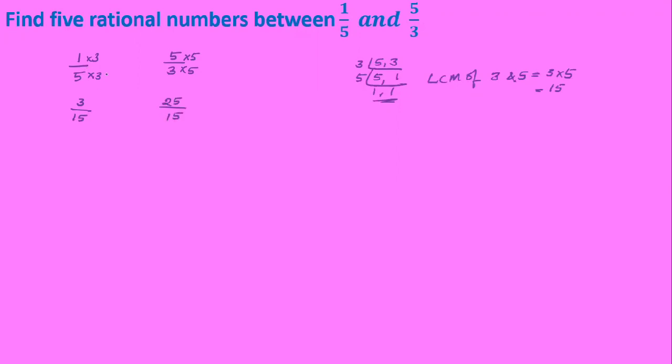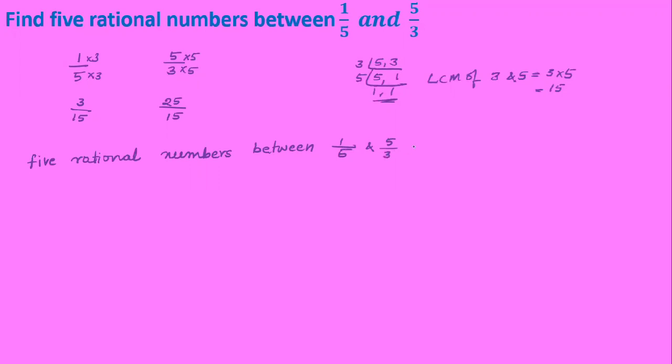Here we have to write only 5 rational numbers between 1 by 5 and 5 by 3. If you are not getting enough numbers, instead of multiplying by 3 and 5, you can multiply by 30 for the first rational number, and the second rational number you can multiply by 50. Or you can multiply first rational number by 300, second rational number by 500.